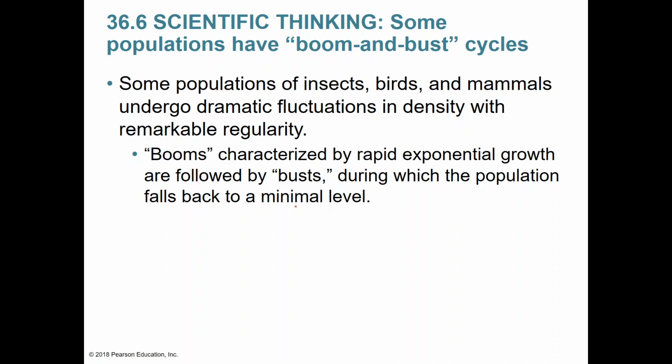They'll have what we call boom and bust cycles, a period of time where their populations explode and then periods where they decline very rapidly. It looks like a graph that goes up and down, and this can happen for a number of reasons.